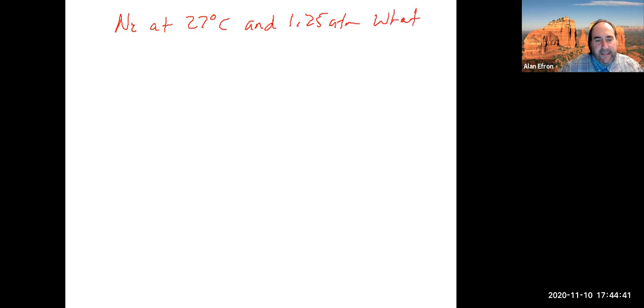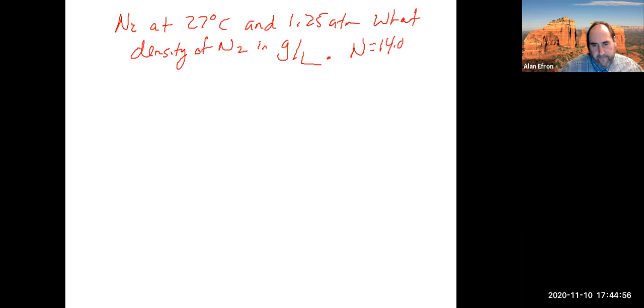What is the density of N2 in grams per liter? And I think that's all you probably need. Nitrogen is 14.01 from the periodic table. All right, so take a minute or two to see what you come up with here, solving it.